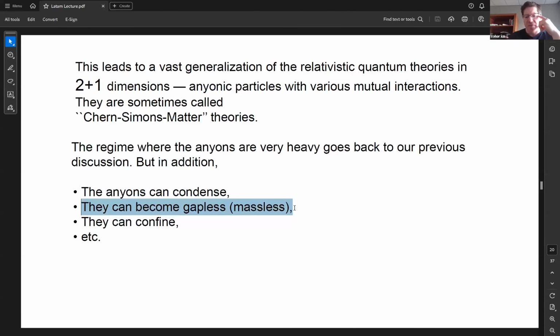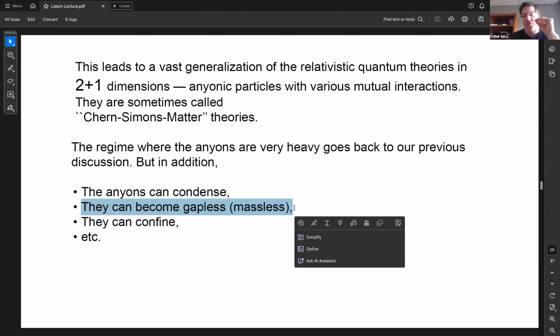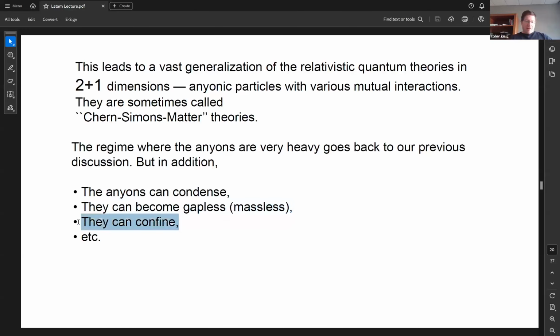They can become gapless, massless. So even a theory with massless anyons is allowed. The anyons can become confined, and many, many other things can happen. We don't know everything that can happen. These are very difficult theories, but we know a little bit. So the story is getting very rich when you try to study this kind of quantum field theories with dynamical anyons.